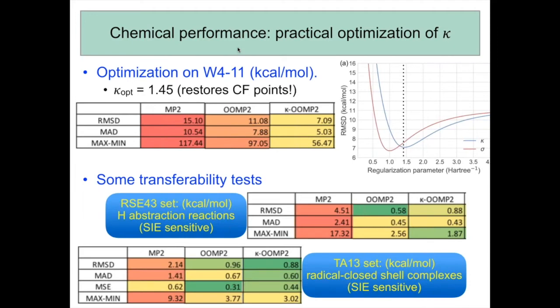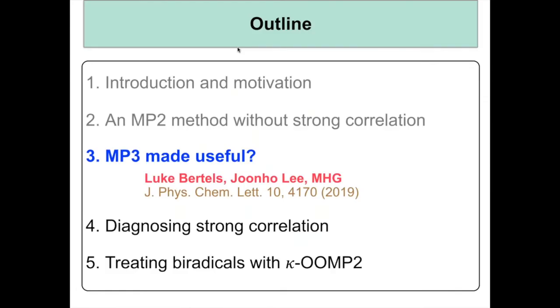And then interactions of neutrals with radicals, some improvement. So it looks as though this transfers. And so as a practical measure, we then choose to select kappa as equal 1.45 as our default for this kappa OOMP2 method.